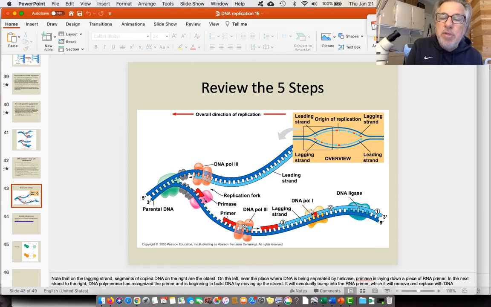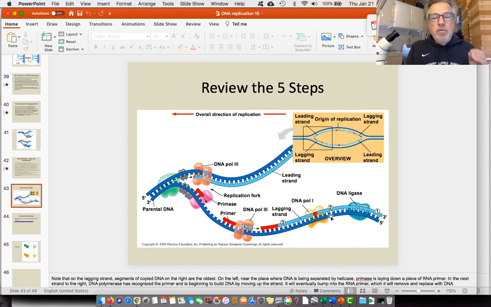It can bind onto a 3' end over here, but it can't make a bond with this 5' end of the piece of new DNA. That's left to the final enzyme in the process, DNA ligase. And ligation means to tie, so that's where that name comes from. So we have the 5 enzymes: helicase, primase, DNA polymerase 3, DNA polymerase 1, DNA ligase. They each have a job to do.